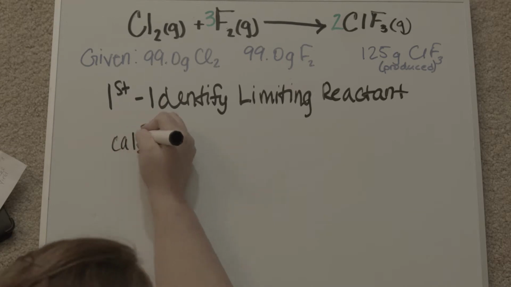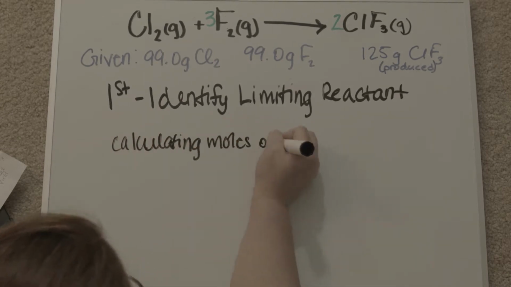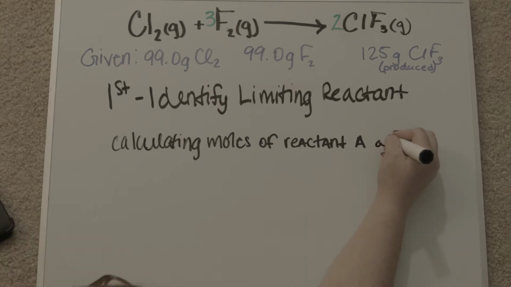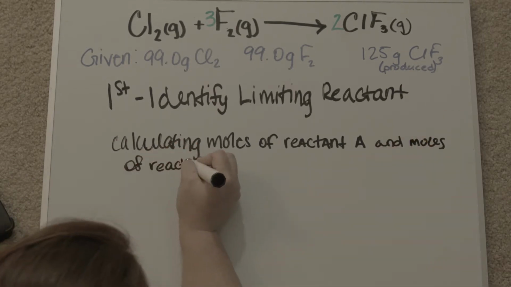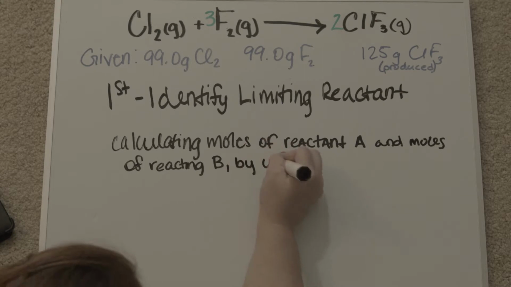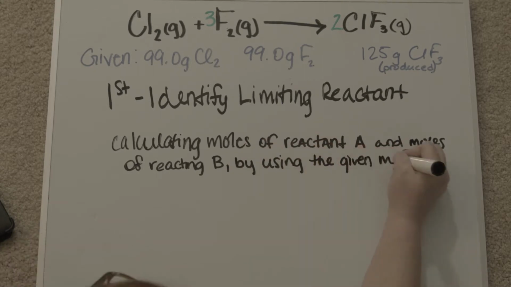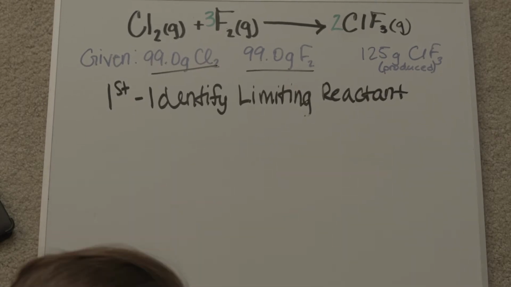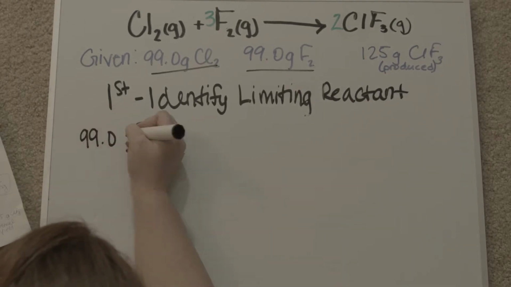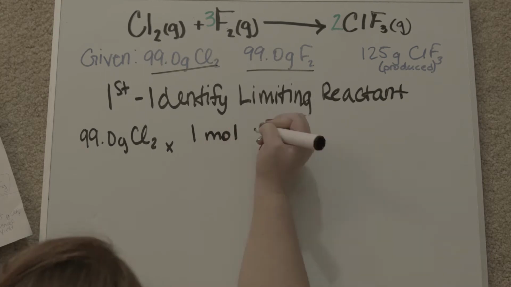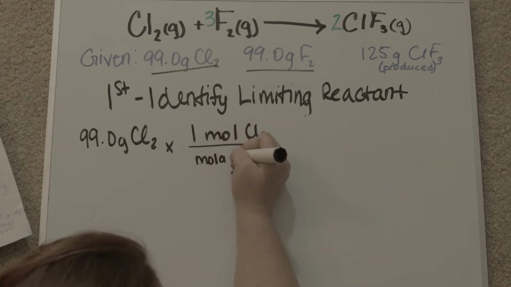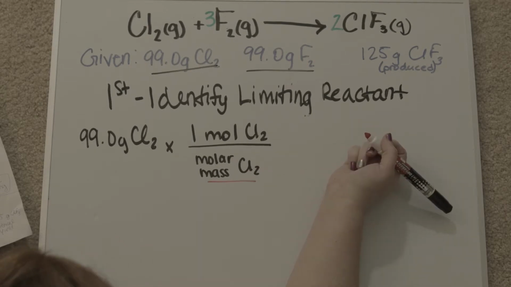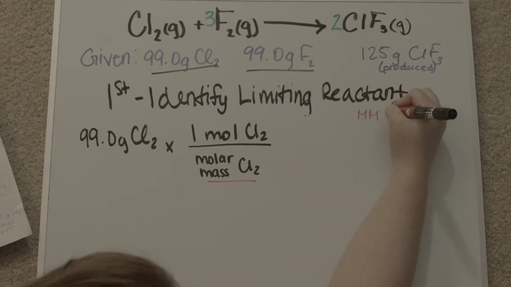But to do this, you need to calculate the moles of reactant A and the moles of reactant B using the grams that you're given. Okay, so what you do is you multiply 99.0 grams of chlorine times 1 mole of chlorine over the molar mass of chlorine, which is also given in the problem.